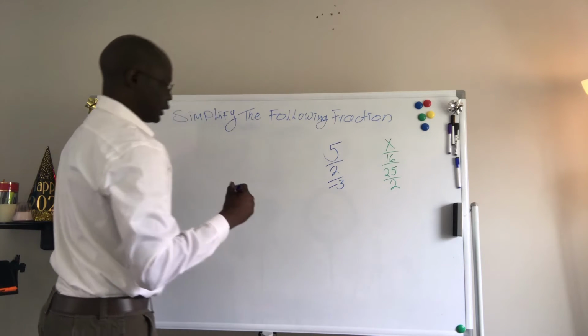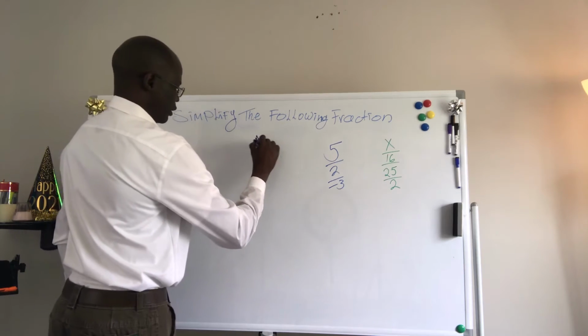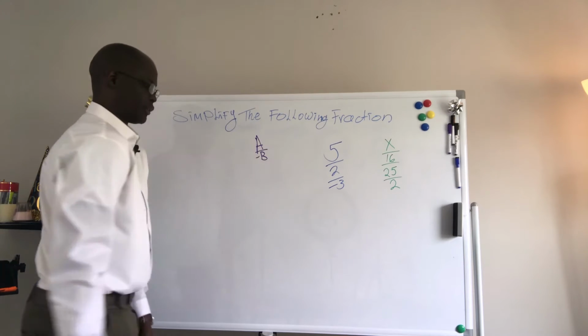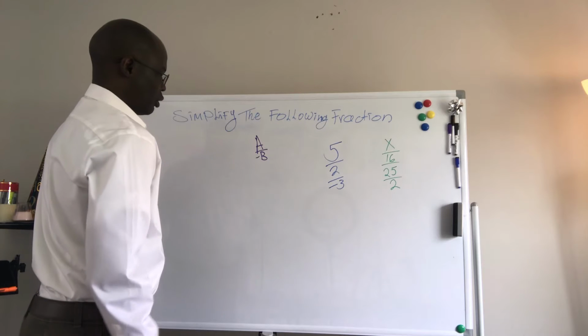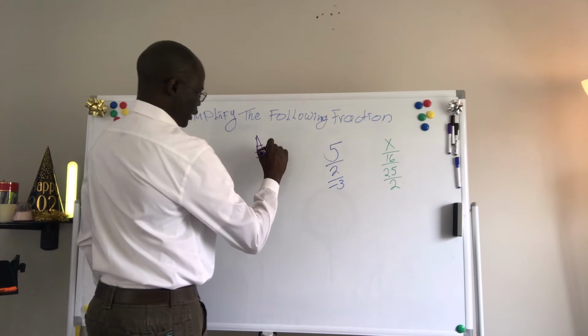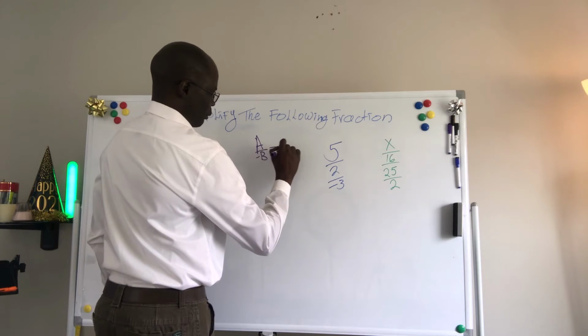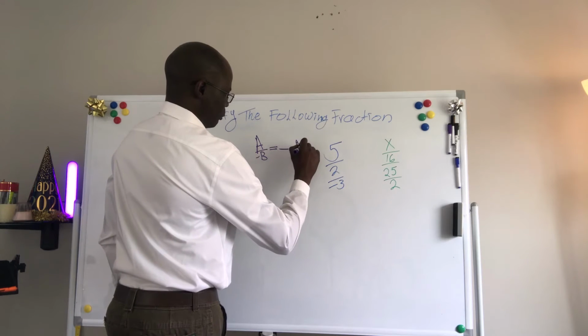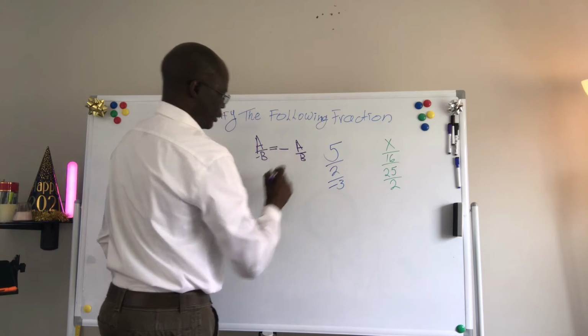So in fractions, if you have a divided by b, with a minus sign on b, let's say, the answer will equal minus a over b.